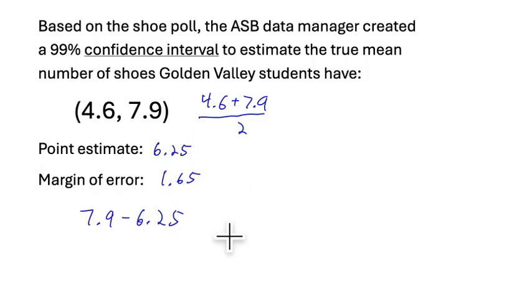By the way, another way to write this interval is just to state the point estimate and the margin of error in one expression. So that would be like this. Our confidence interval is 6.25 plus or minus the margin of error.